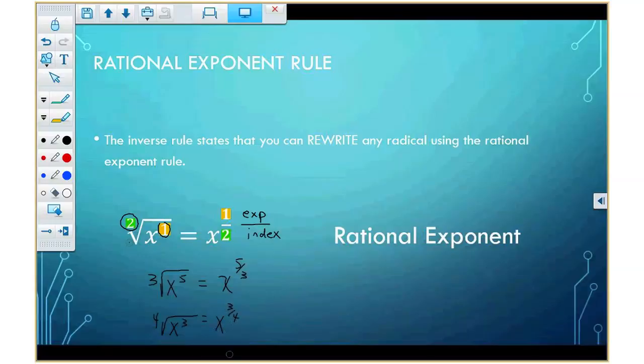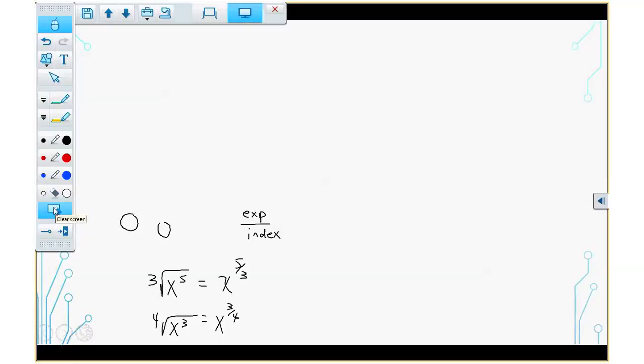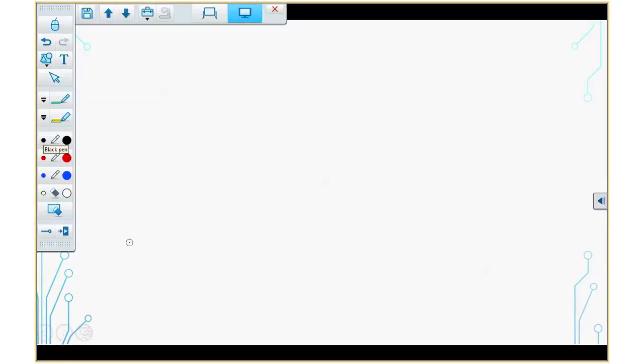Remember, your first 3 rules of exponents have to do with basically the math. What does the last 3 have to do with? The way it looks.